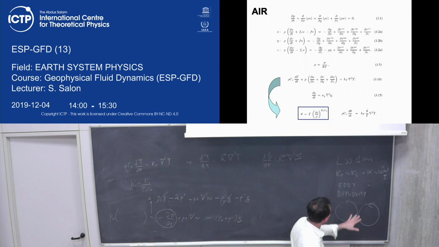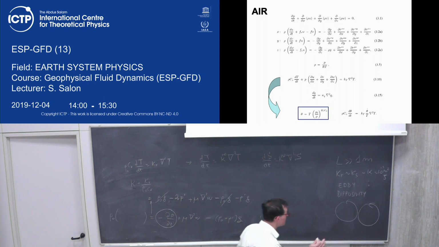This diffusion, ruled by the eddy diffusivity, has a value which is much larger than the one related to the molecular scale. So in some sense, turbulence is much more efficient at transferring properties in the flows than the molecular scale.